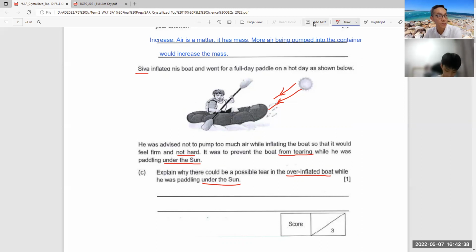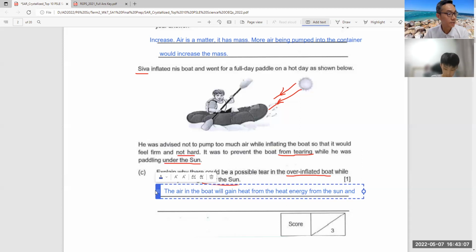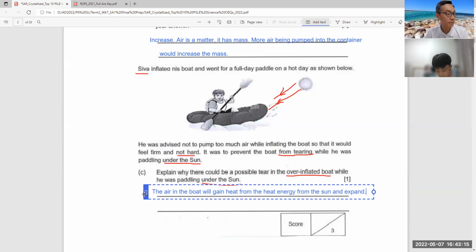So to explain why, we just say that the air in the boat will gain heat from the heat energy from the sun and expand.